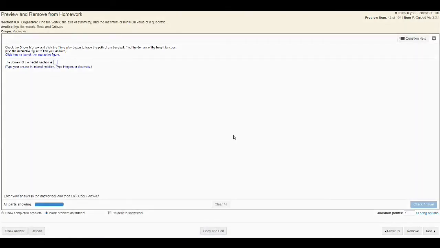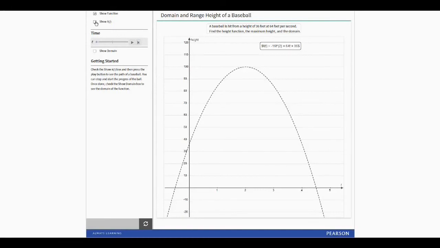Let's look at this example. This is number 42 in the review. You want to click on the interactive figure. Before you do that, you want to show H of T and click the time play button to trace the path of the baseball. The question is find the domain. So just click on that. Then you want to click on show H of T, and you'll see that we're at t equals 0, which is our x value, and domains are x values.